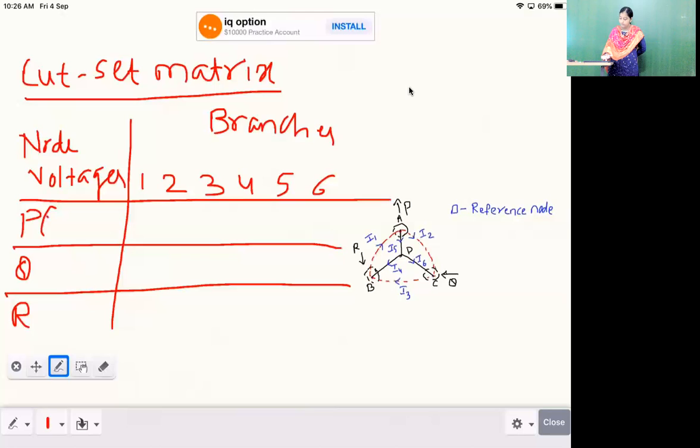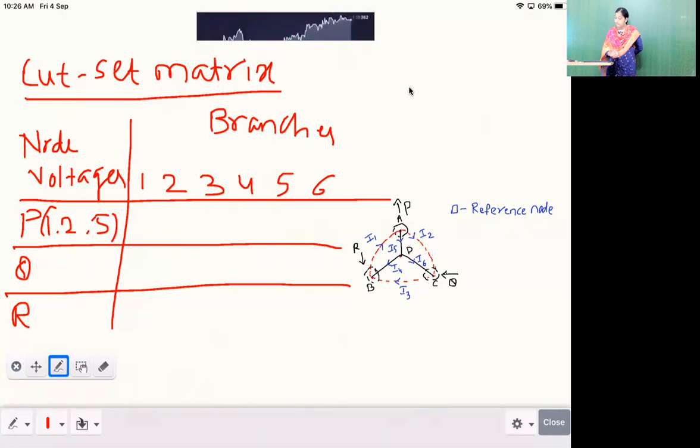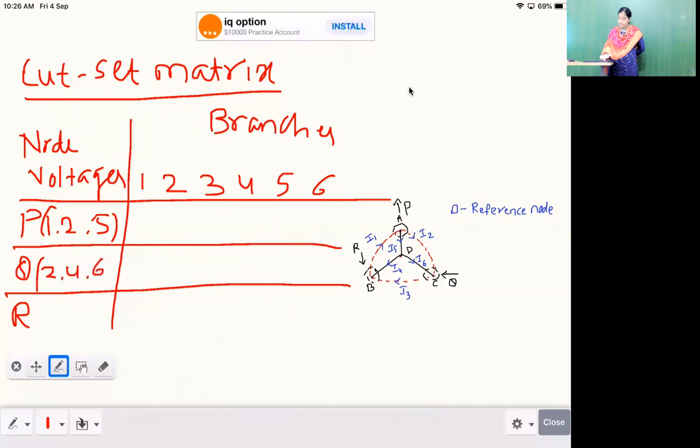It is 1, 2, 5. Similarly for Q, I am having 2, 4, 6. Then for R, I am having 1, 3, 4.